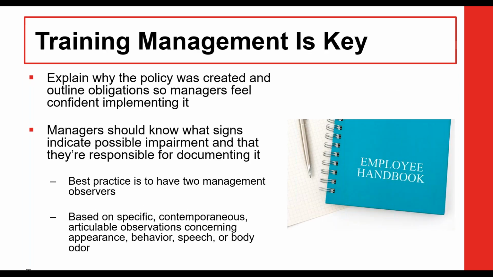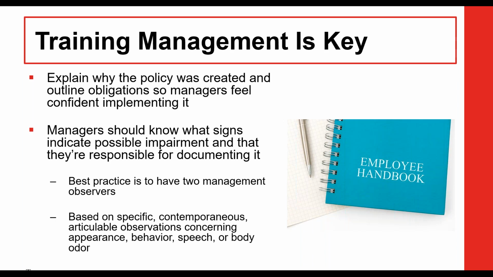And I will say that training management is absolutely key here. Your managers, your HR personnel are going to be the individuals who are responsible for implementing the policy. It is so important that they feel confident implementing the policies and taking action appropriately, and feeling confident in the timing and their ability to articulate objective signs of impairment.